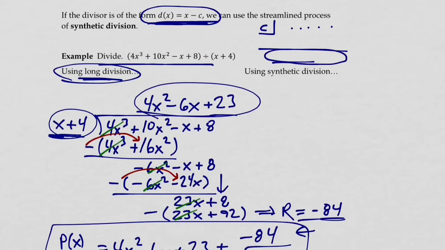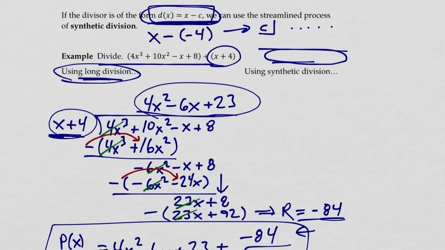So to do this, we need to identify what the value of c is going to be, and because our divisor is x plus 4, but the general form here is x minus a number, we can think of that x plus 4 as x minus negative 4.